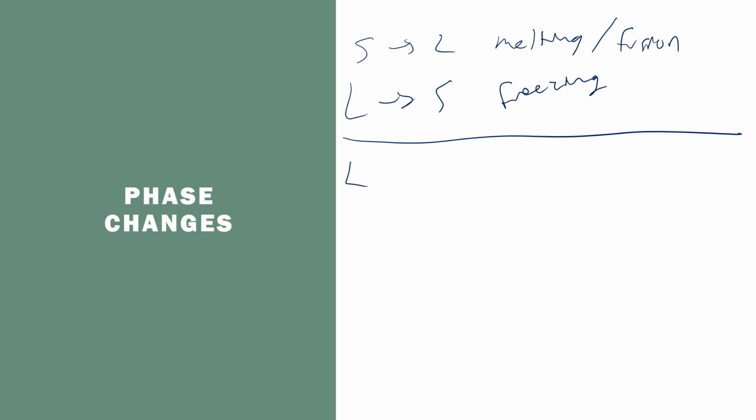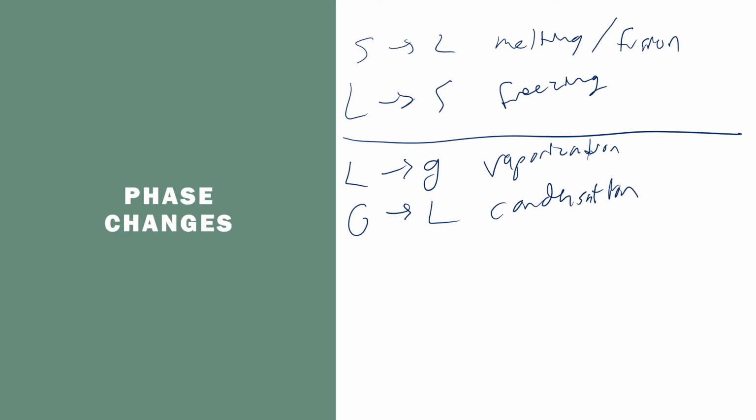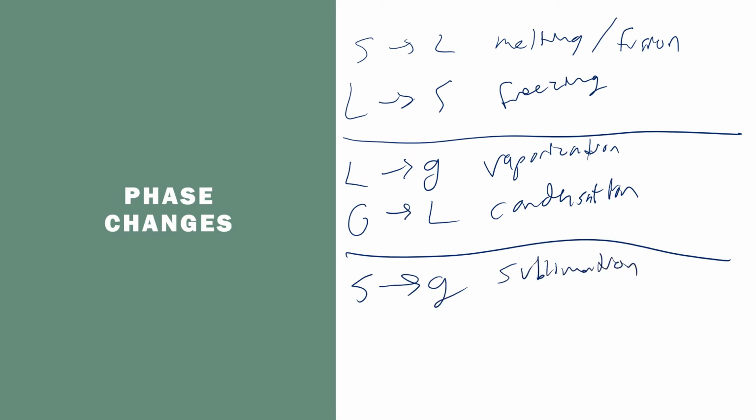Going from a liquid to a gas, the general term is vaporization. That can be evaporation or boiling. Gas to a liquid would be condensation. You could also go directly from a solid to a gas. That is sublimation. You can also go from a gas directly to a solid, and that is deposition.